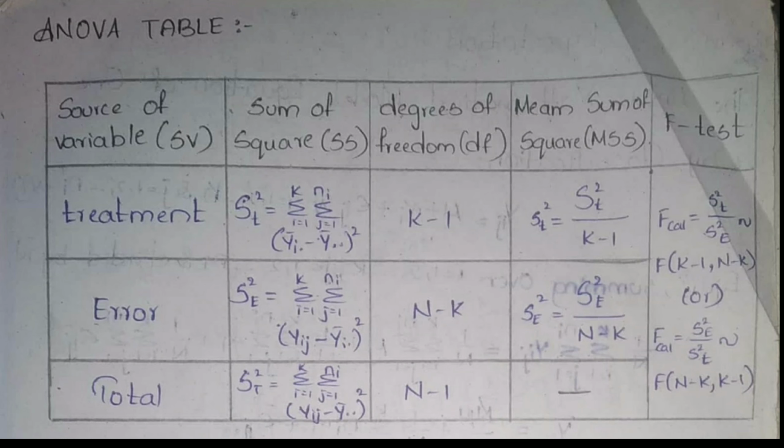F equals the variance, the mean sum of square of treatment divided by the mean sum of square due to the error, or the mean sum of square due to the error divided by the mean sum of square due to the treatment. So the degrees of freedom are k minus 1 comma N minus k, or N minus k comma k minus 1.